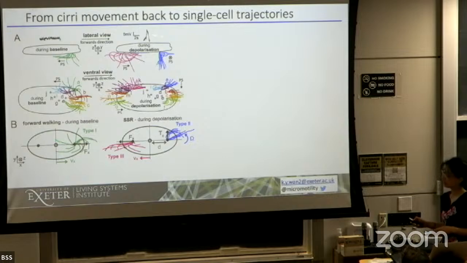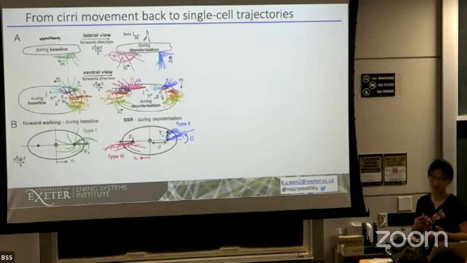But during a depolarization event, what happens is that suddenly the back cirri start to move in this way that causes, sorry, this is the back end. So the back cirri start to move in a way that causes the cell to move backwards. So this is a short-lived transition before the front cirri take over with a slightly different pattern, which causes the whole cell to rotate.